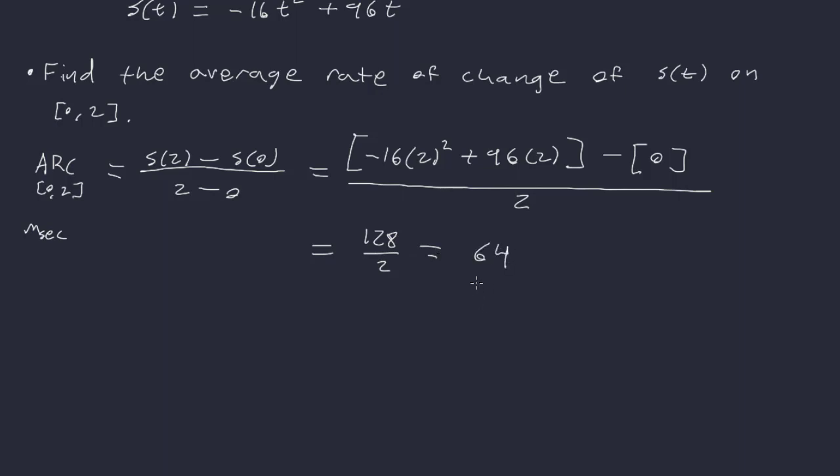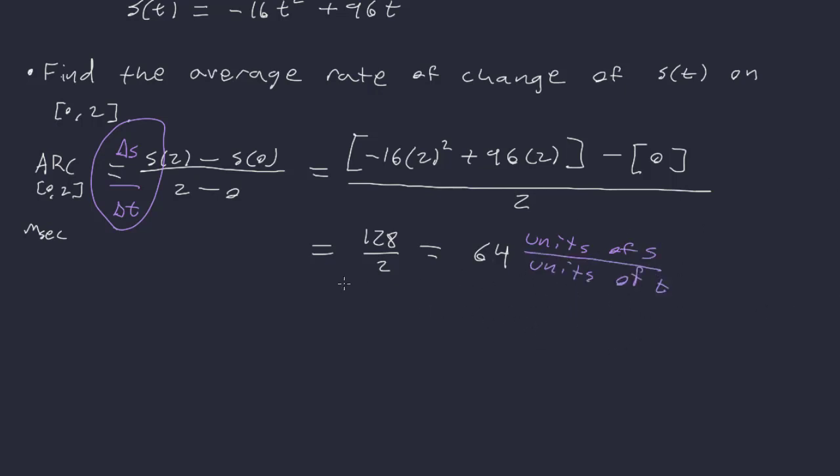Now the question is, 64 what? Well, remember, this is a fraction. This is delta s over delta t. So when we get down to here, the units are going to be the units of s divided by the units of t.